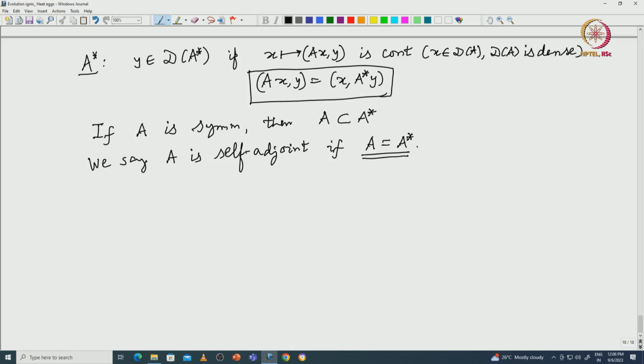So, this means dA is equal to dA star and Ax equal to A star x for all x in dA.